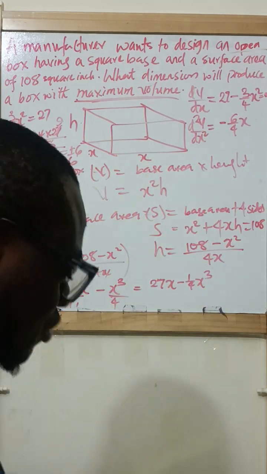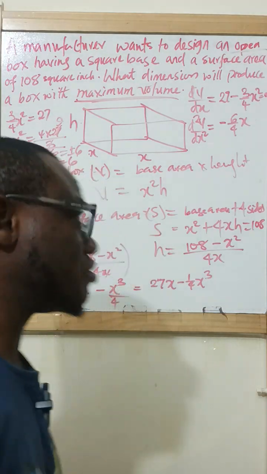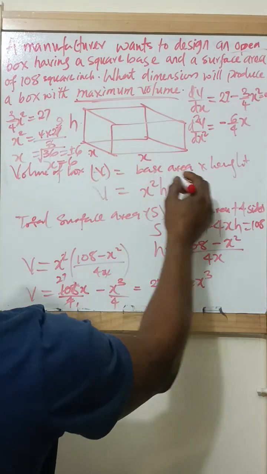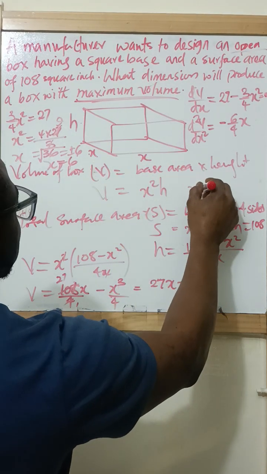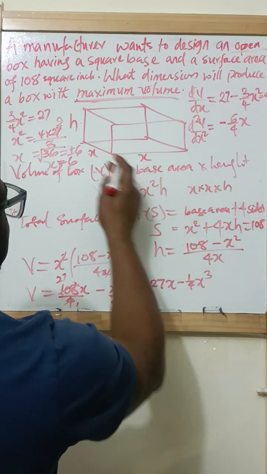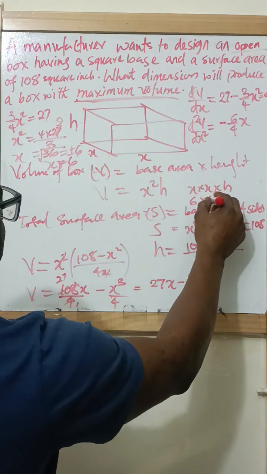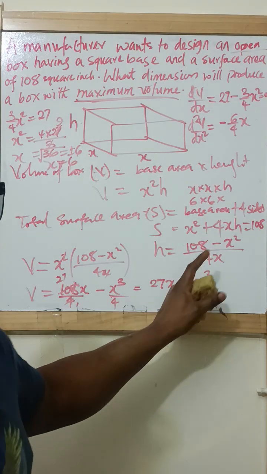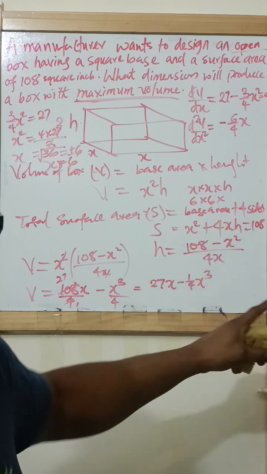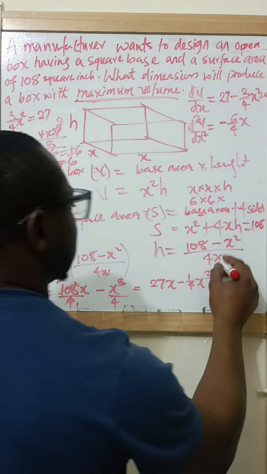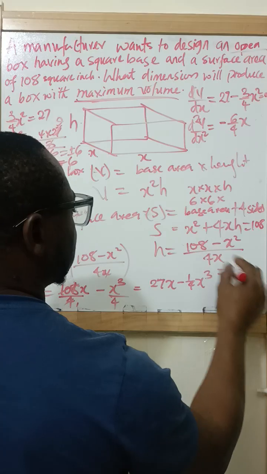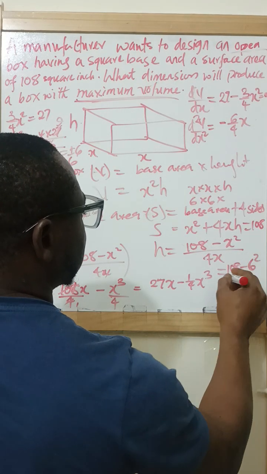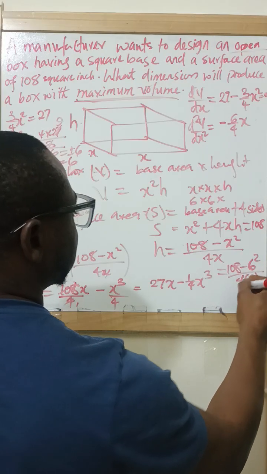So what is now the dimension of the box? The dimension of the box is the base, x times x, times h. So that will be 6 times 6 times whatever h is. We have found h from here, so we substitute the 6 to get h. So h is going to be 108 minus 6 squared all over 4 times 6.